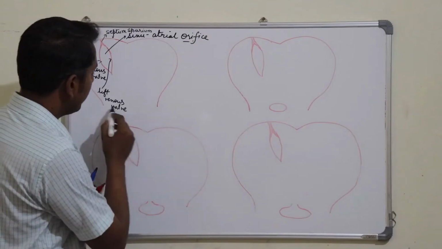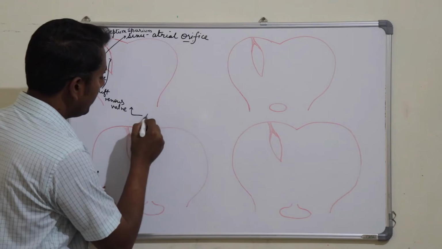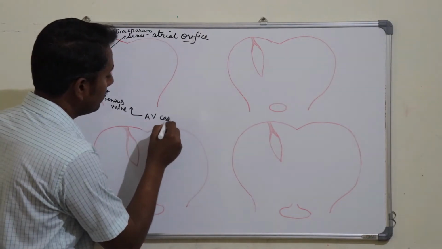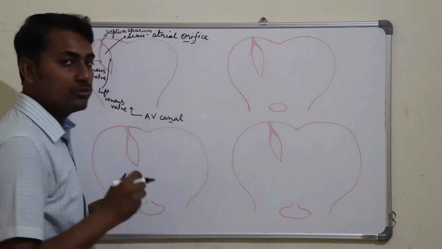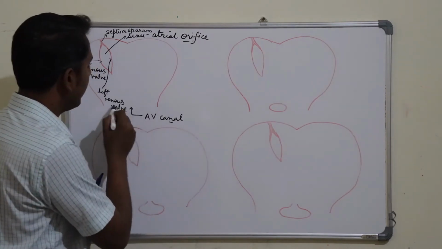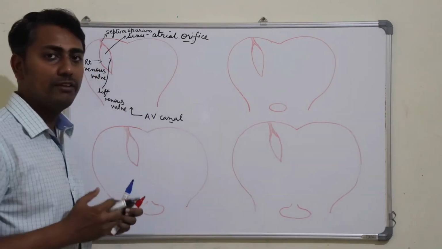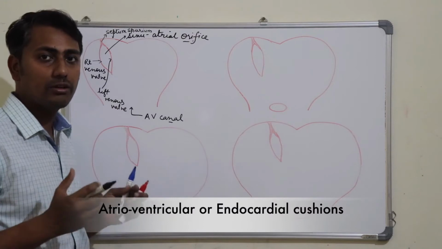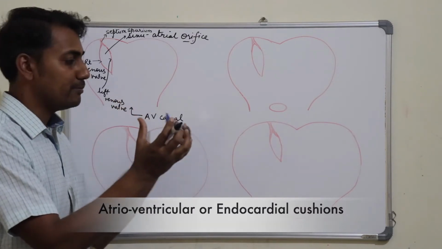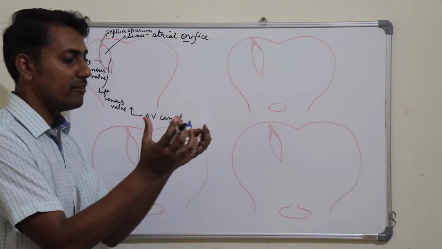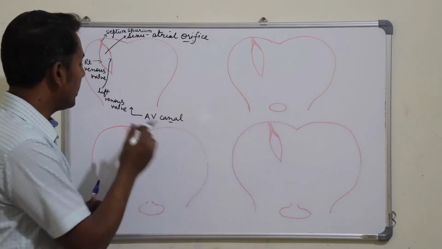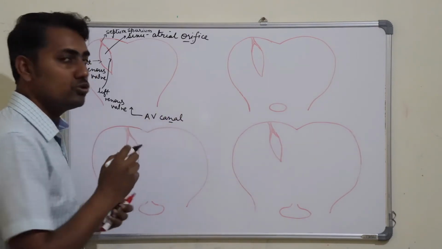This is the AV canal or atrioventricular canal, which will be soon divided into two halves, right and the left opening, by the fusion of two atrioventricular cushions. An anterior and a posterior atrioventricular cushion, they will fuse together. That will divide this AV canal into two openings.